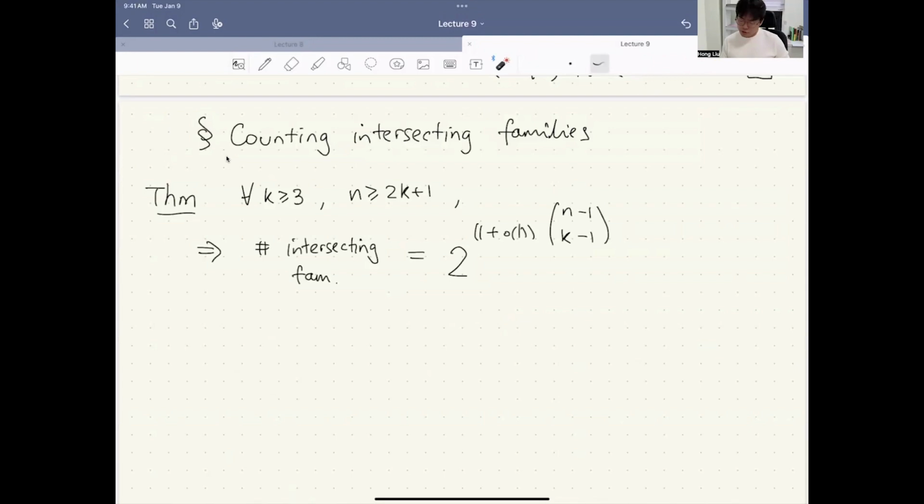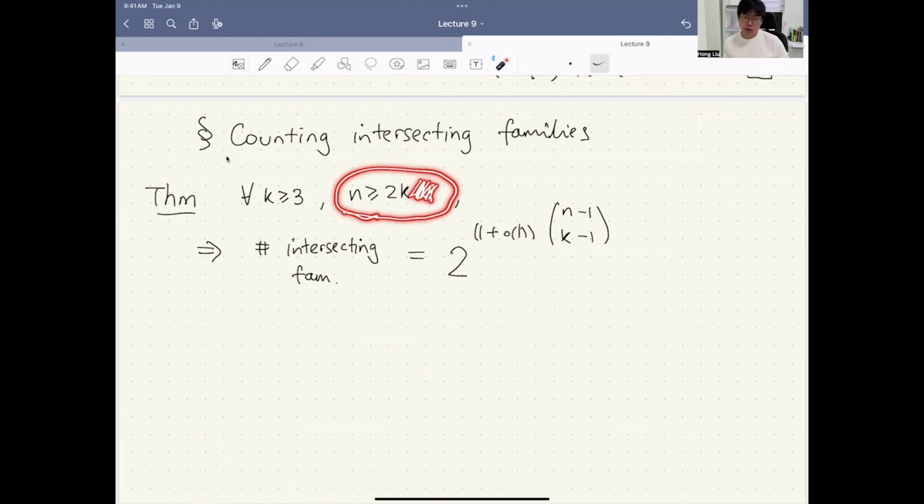As I've just mentioned, this is the trivial lower bound by taking all possible sub-hypergraphs of the intersecting hypergraph. It's tight up to this 1 plus little o(1). Now, if you're careful, you might notice that our bound for n starts from 2k plus 1, whereas in Erdős–Ko–Rado we start from n at least 2k.